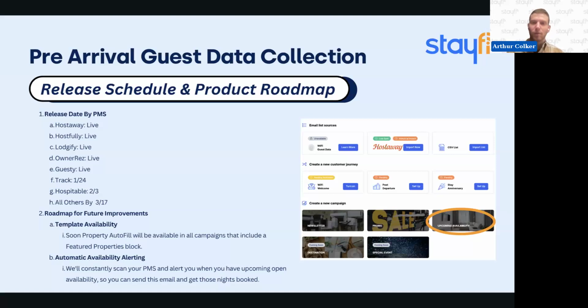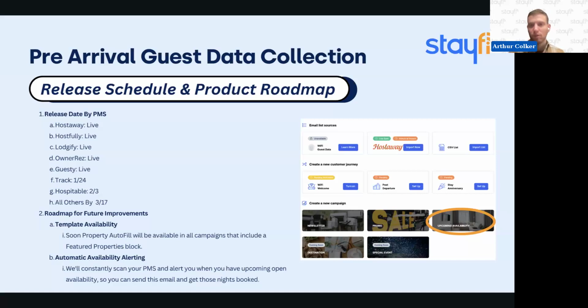And another very cool feature that we are going to be releasing once this is done for every PMS is the capability of automatically scanning your PMS, finding when you have upcoming availability in the very short term, and letting you know, like, hey, there's an opportunity to increase your occupancy and your revenue here.